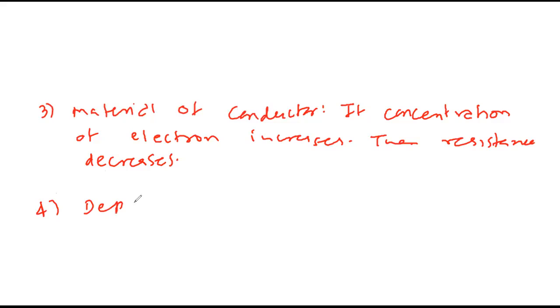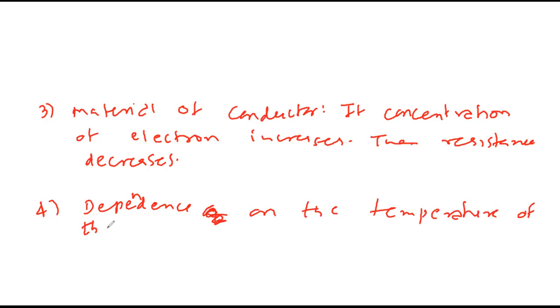Fourth, dependence on the temperature of conductor. In metals, if temperature increases, then random motion of electrons will increase.